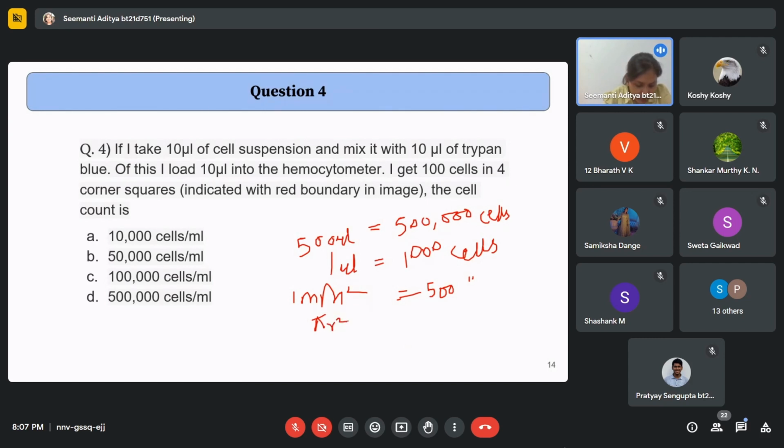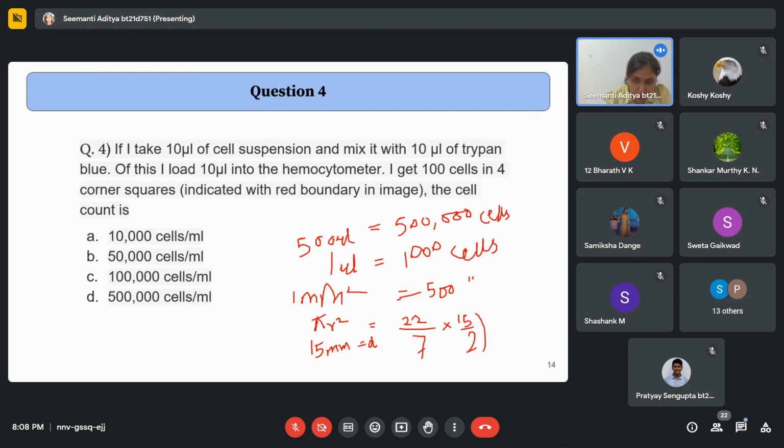So they have given a 15 mm round cover slip. So 15 mm means the diameter is 15 mm. So we have 15 mm as D. So the pi r square will be 22 by 7 multiplied by 15 divided by 2, whole square.